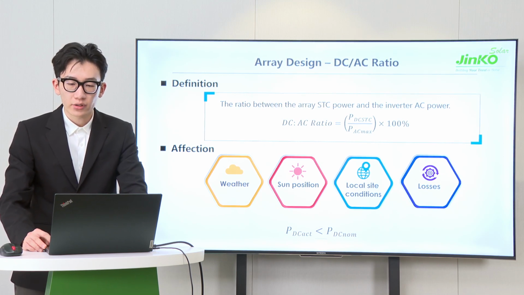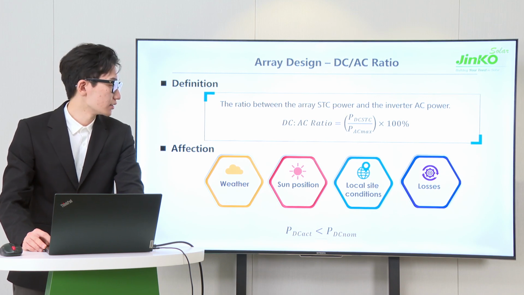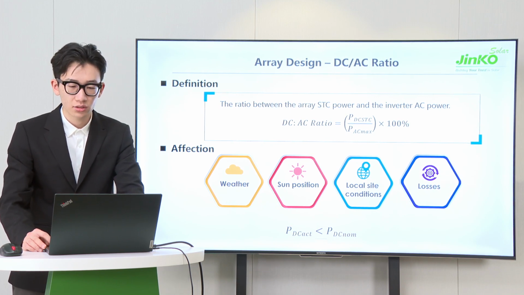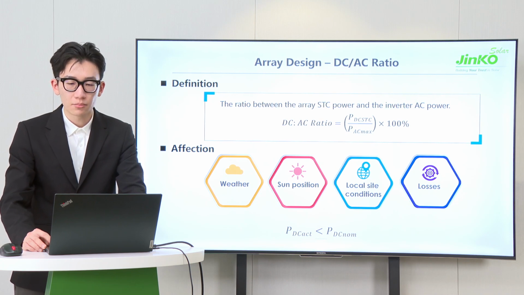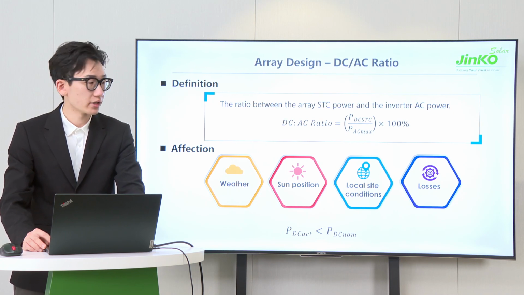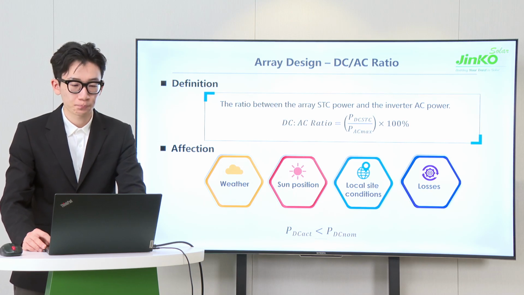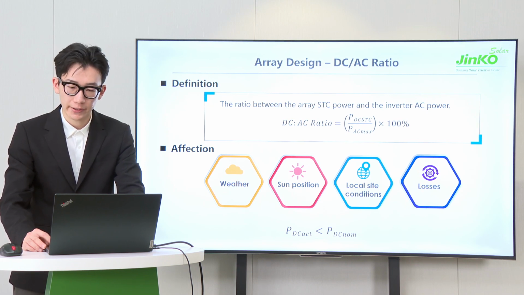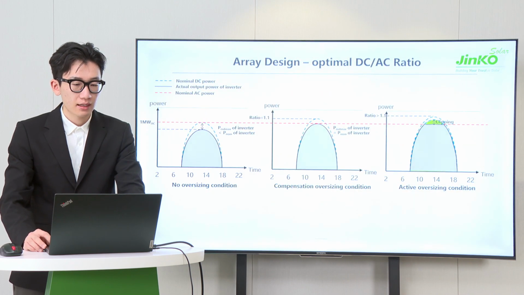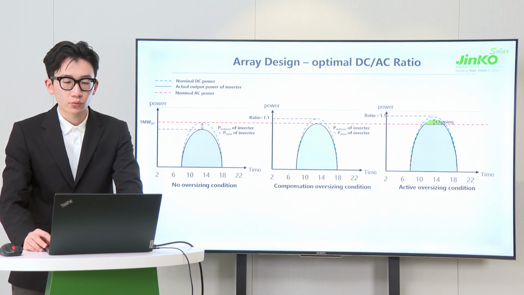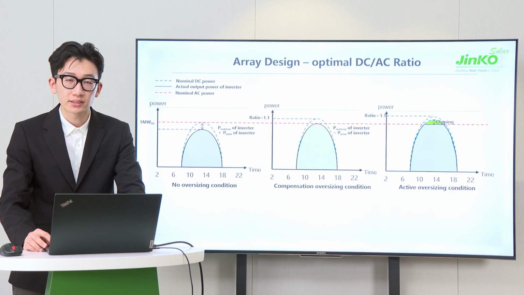The module output power is affected by the weather, the sun position, the local site conditions, and array orientation. In addition, module output power might decrease due to aging, soiling, and shade. So typically, the actual DC power transmitted to the inverter is smaller than the nominal power of a PV array. That's why we need an optimized DC to AC ratio.